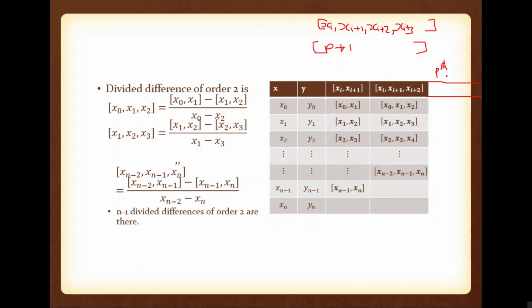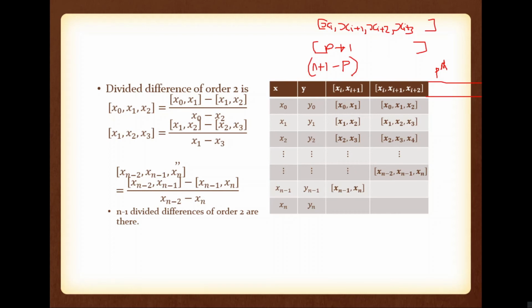Okay, and in the pth order divided difference column, you can see n plus 1 minus p elements.